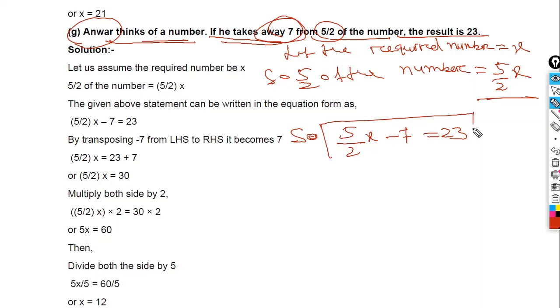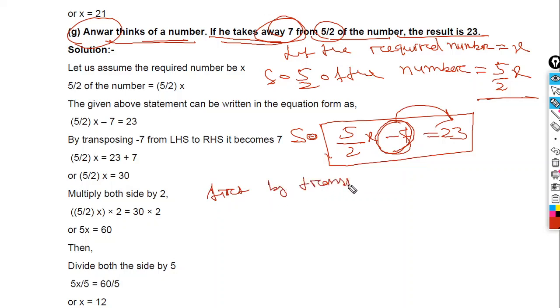Now this is your equation. What do we have to do now? First, we will transpose this minus 7 to the RHS. By transposing minus 7 to the RHS, it becomes plus 7.